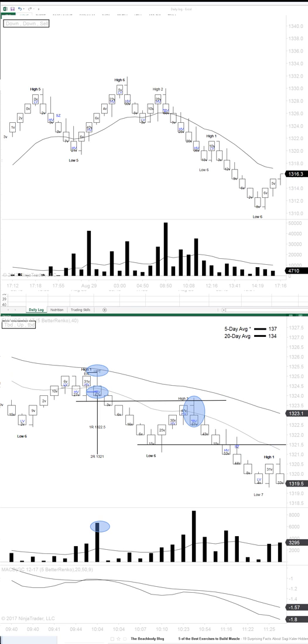So this is how you want to really, from a Wyckoff perspective, you always trade with a trend. But I modified that to include the momentum.